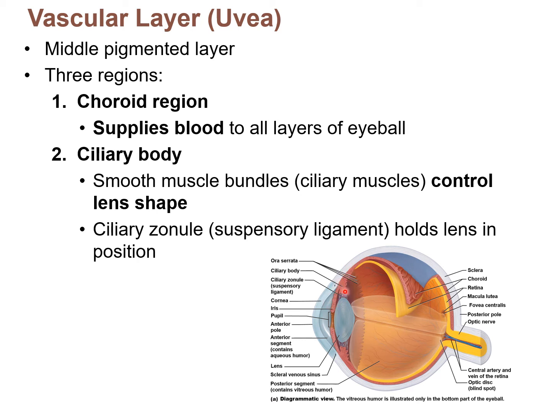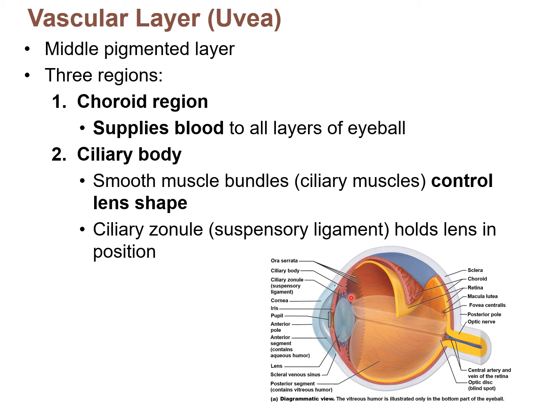So it splits into two red areas. This little red area here and down here, which is actually all the way around the lens, but this is a cross section, so you can just see the top and the bottom of it, is called the ciliary body. The ciliary bodies are actually muscles, often called ciliary muscles. And that muscle is holding the lens through these little ligaments, which we call suspensory ligaments, or a ciliary zonule.